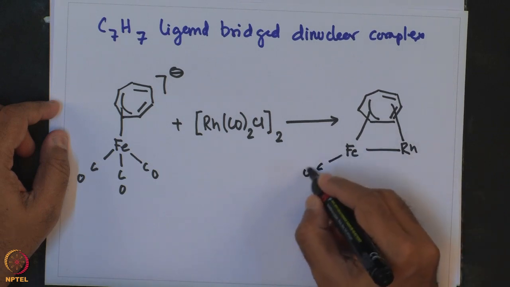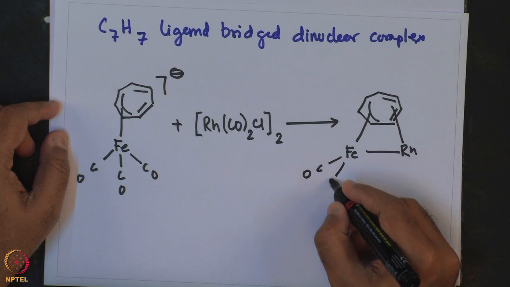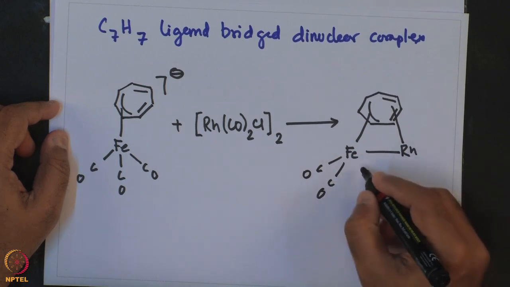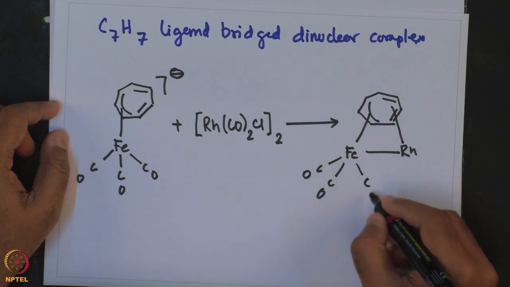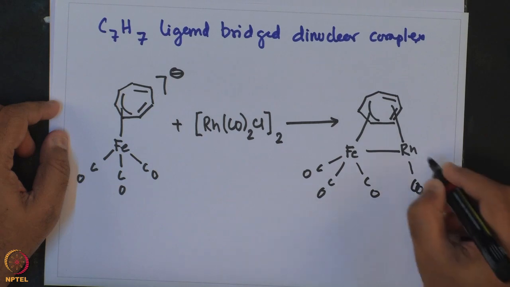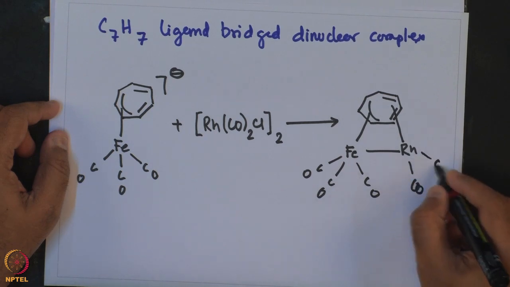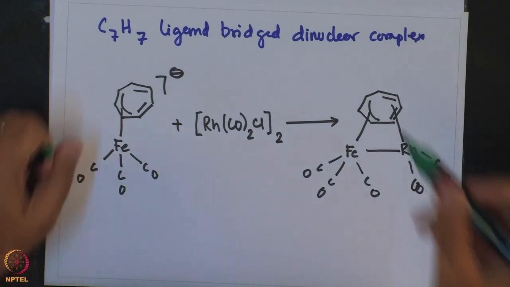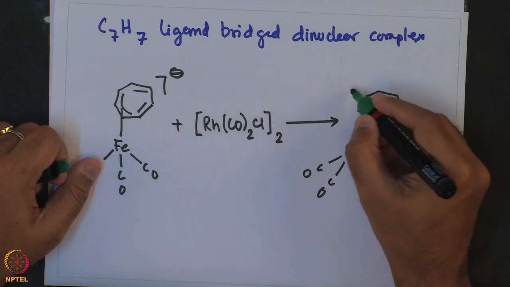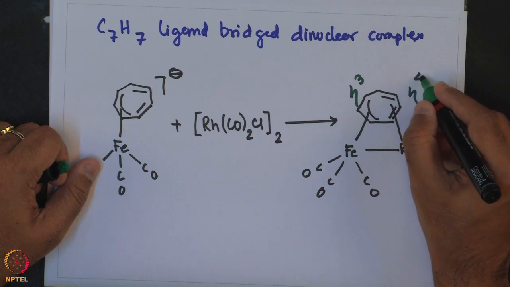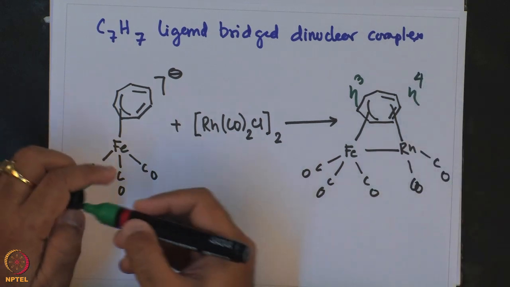So, this is an interesting compound in which the C7H7 is bound in an eta 3 fashion to iron and eta 4 fashion to rhodium.